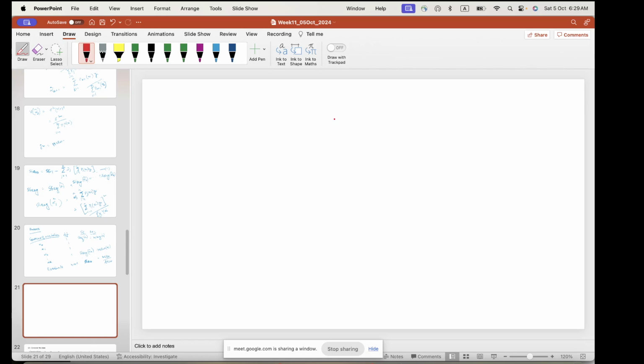Here one thing we should keep in mind is that testing beta k equal to 0 is equivalent to testing H naught: alpha k equal to 0.